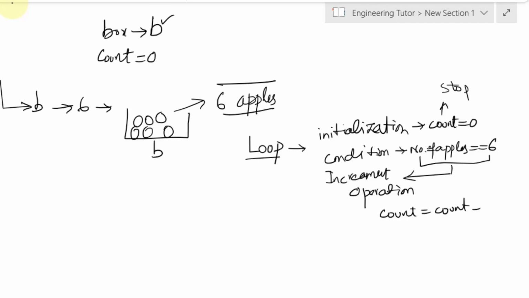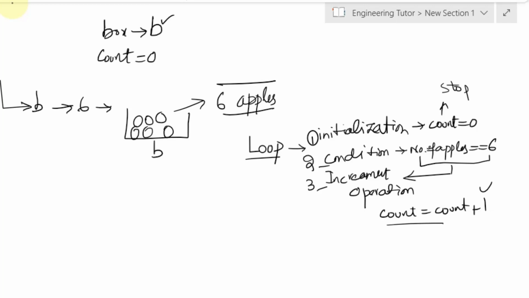So count is increased by 1 each time, until it is equal to 6, and this operation will be followed. So there are these three operations, 1, 2 and 3, and these three are the important characteristics of a loop.